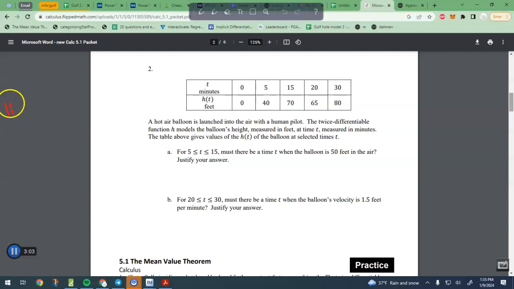The IVT is values. The MVT is slopes. So let's do that. Try 2A and B, and maybe it's just in your head if you don't want to write it down, because you want to make sure it's right before you write it down. Totally fine, but look through A and B, think about them, give them a shot.